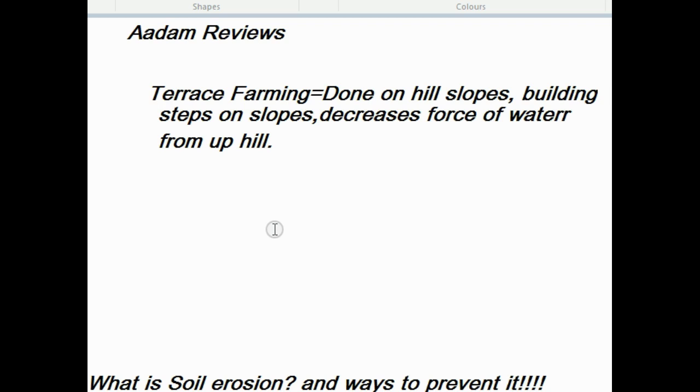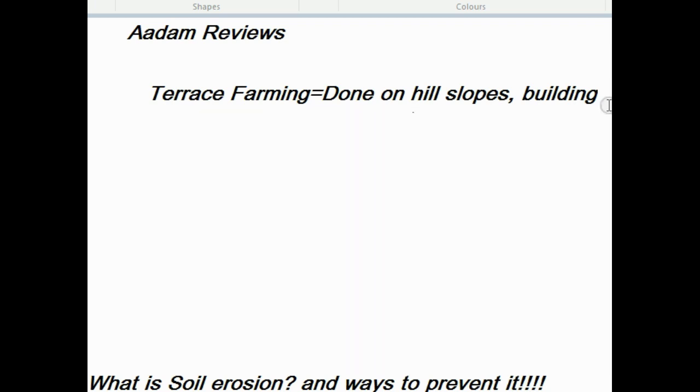That means building steps on slopes, like stairs, and this decreases the force of water.